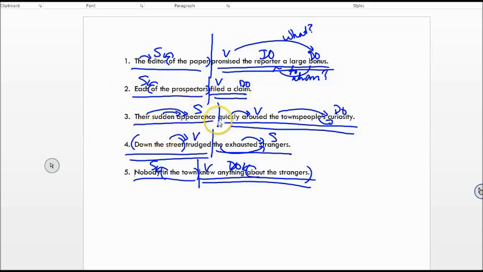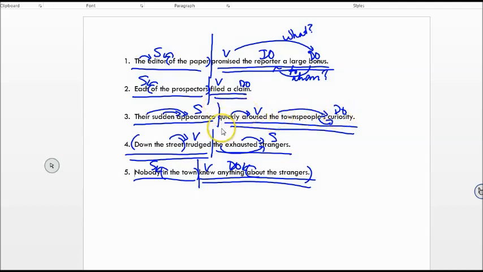In our third sentence, their sudden appearance quickly aroused the townspeople's curiosity. Appearance is our simple subject. It has 2 adjectives that modify it. Aroused is the verb, quickly is an adverb modifying the verb, and then curiosity is our direct object with townspeople's and the modifying curiosity.